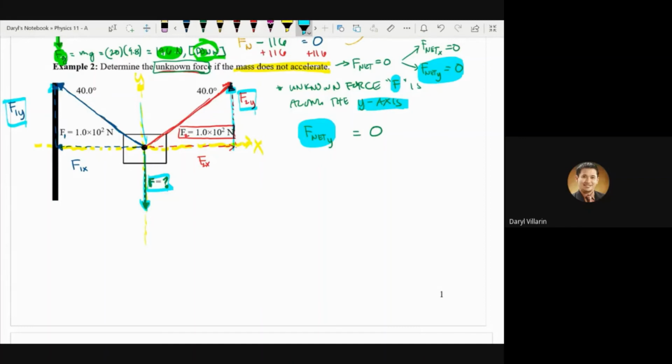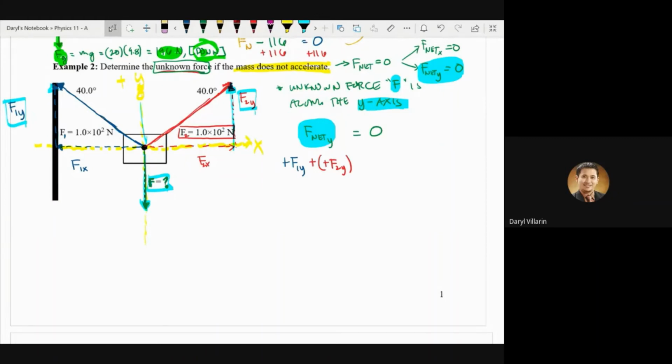So again, for example, you're going to take the upward direction as positive. That means that I have positive F1y, plus the positive F2y. Both are positive because if you can see the direction of their arrows, it's upward.